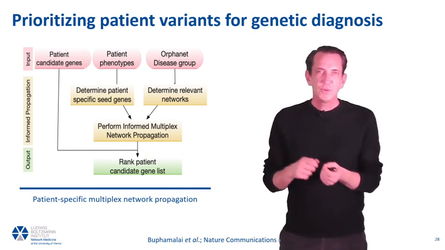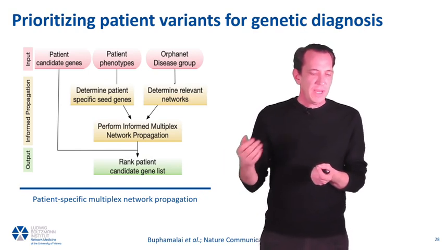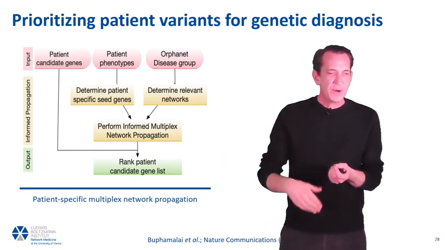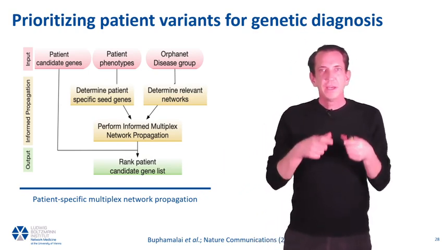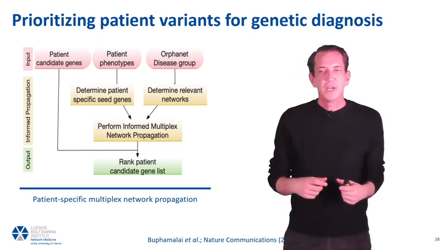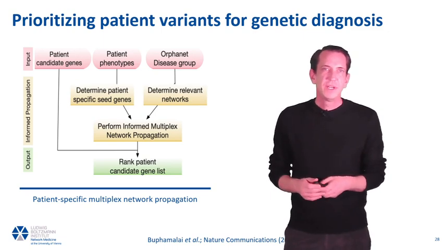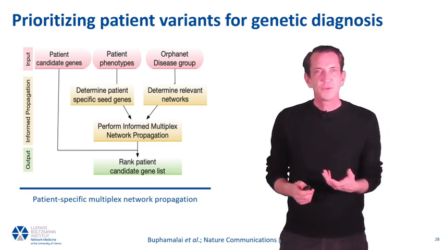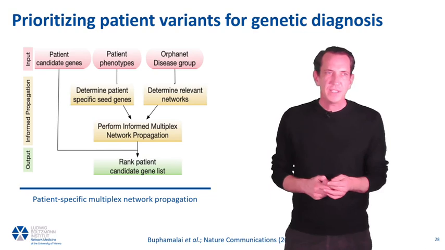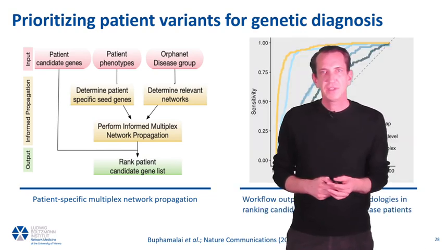We can use all of this information and include it into our prioritization scheme that would weigh the different layers of the network according to how strongly they are affected in a given patient, and use that to improve the ranking of candidate genes in a specific patient.